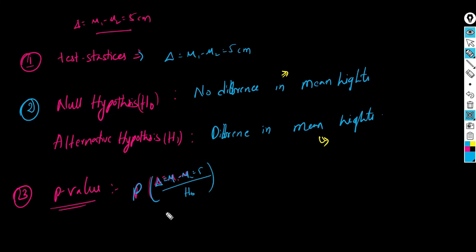Okay, let's see what the p-value is telling. It defines the probability that the difference between the mean heights of the people in these two cities is 5, given the null hypothesis. The null hypothesis is that there is no difference in the mean heights of the people in these two cities.